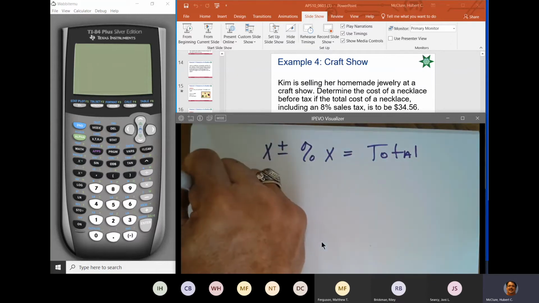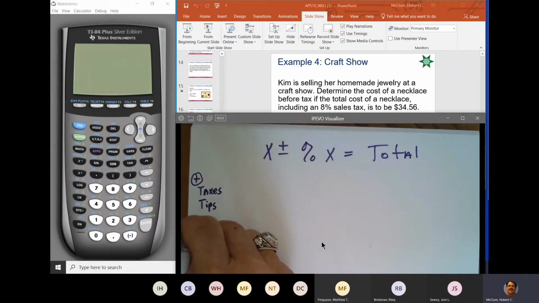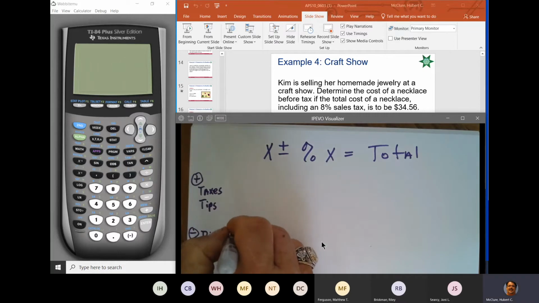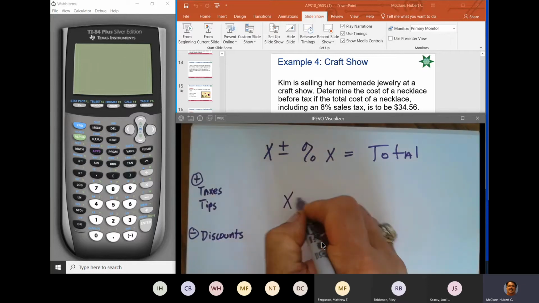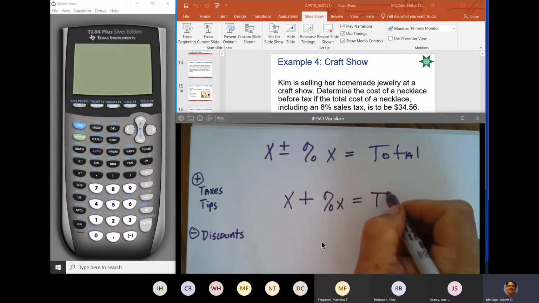And what is subtraction? Discounts. So we're going to use the positive because this is a tax question. So X plus percentage X is equal to the total.